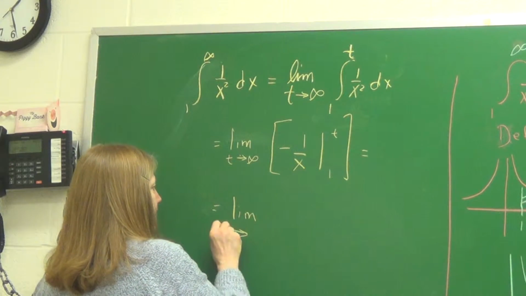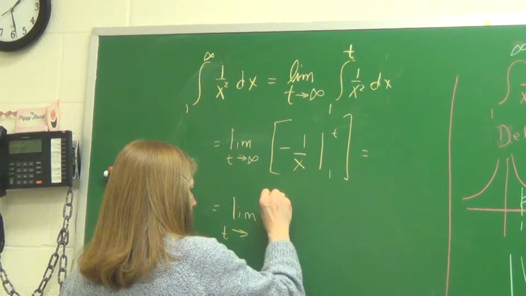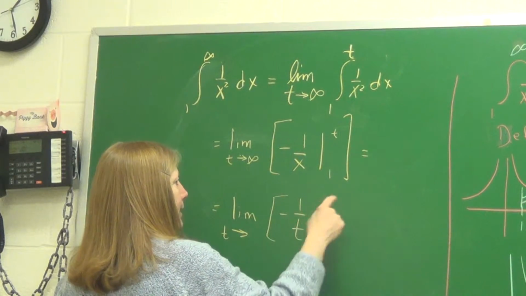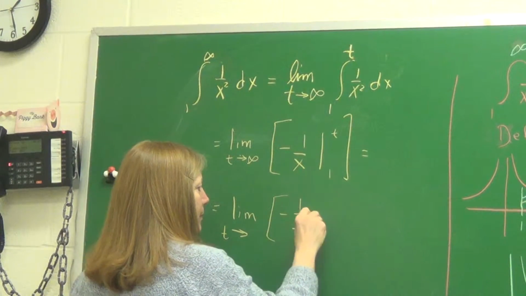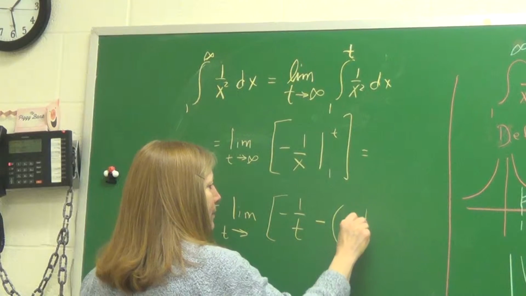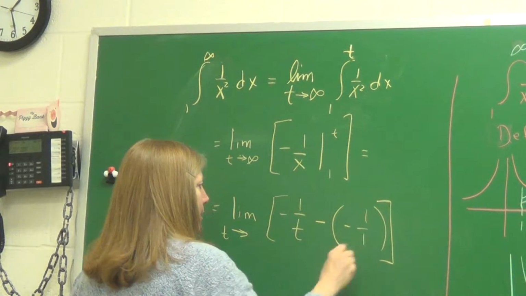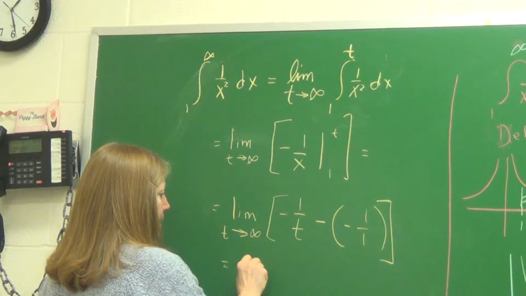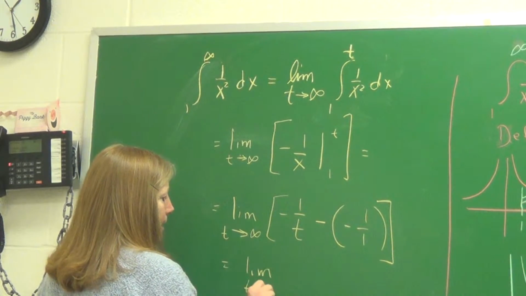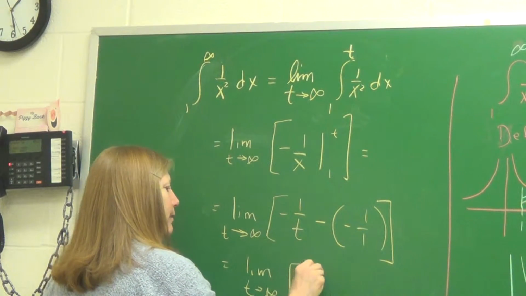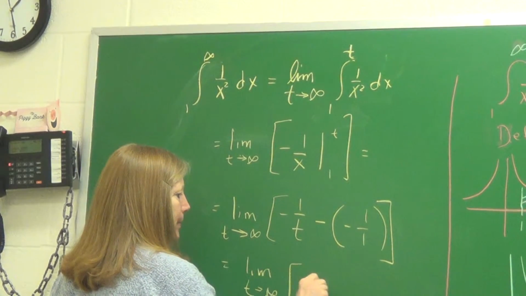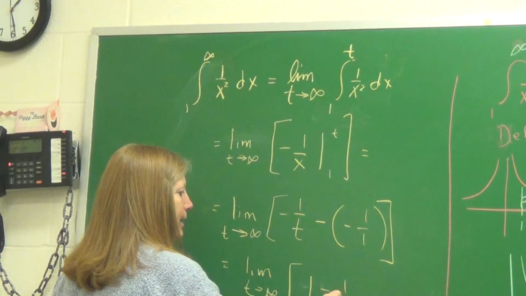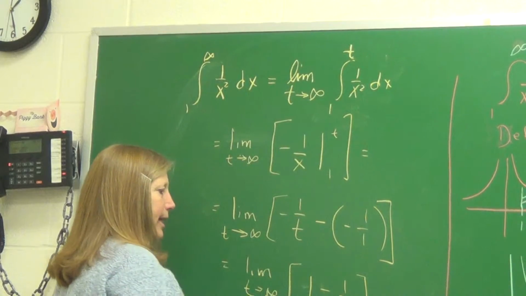Negative 1 over t, minus a negative 1. So, cleaning that up a little bit, I have the limit as t approaches infinity of negative 1 over t plus 1. I'll put the plus 1 first, and that is the same thing.